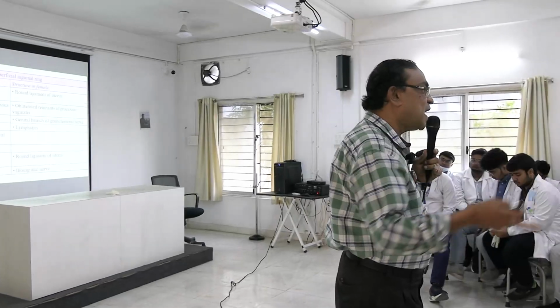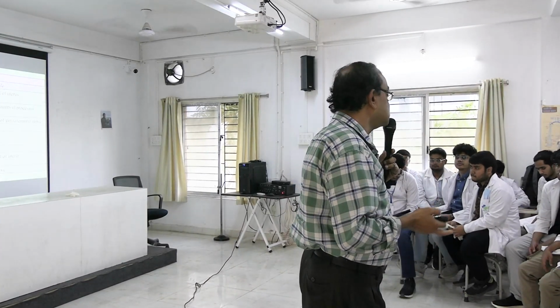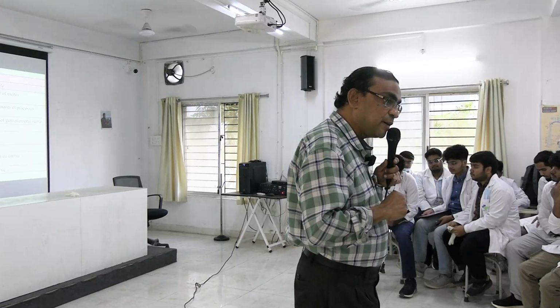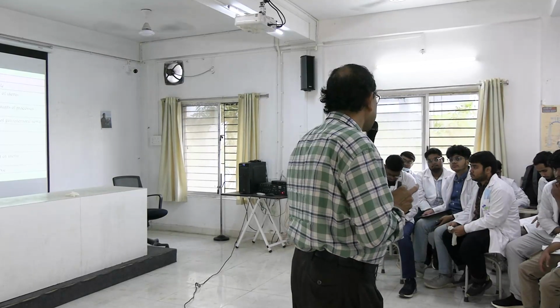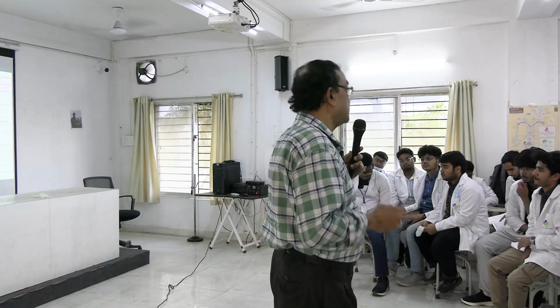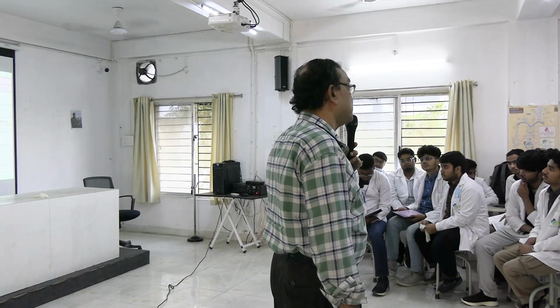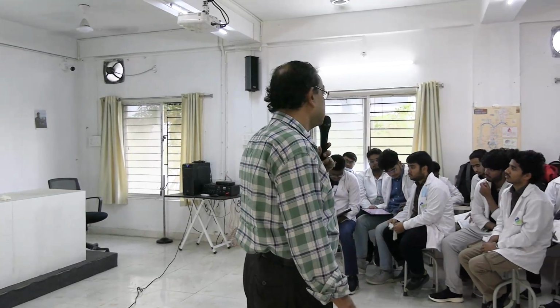On the right side, the right testicular vein drains into the inferior vena cava, and on the left side it drains into the left renal vein. The length of the left testicular vein is more than the right testicular vein.